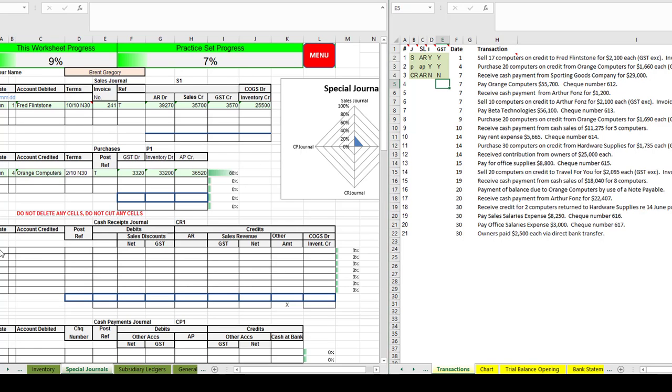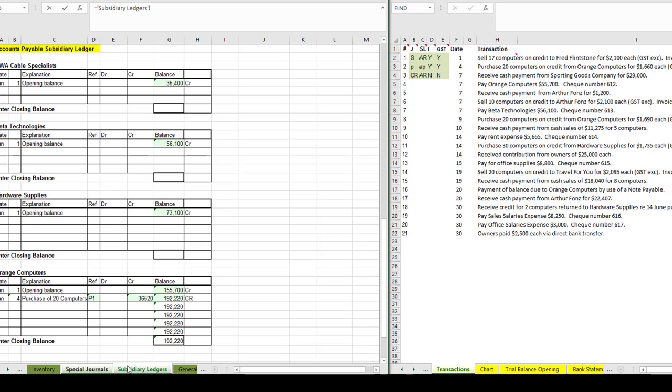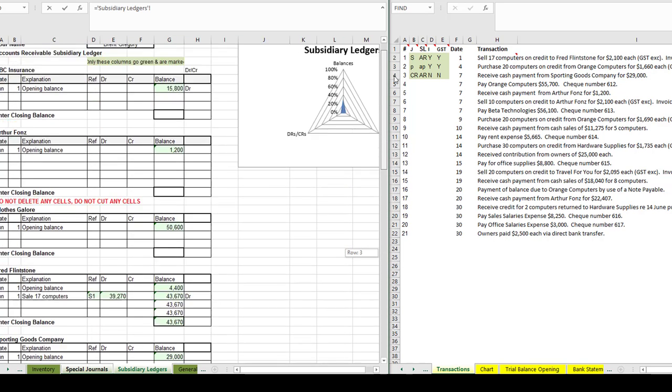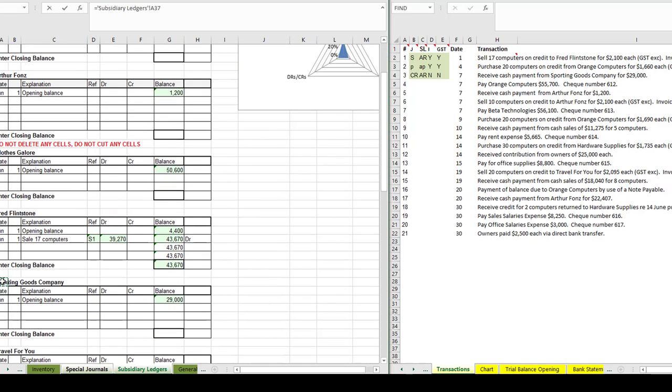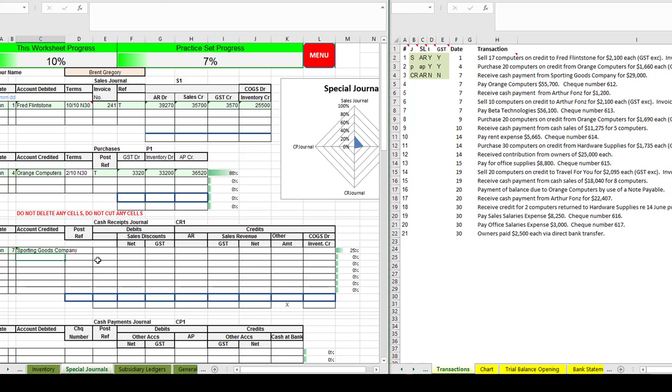So we go to the cash receipts journal. June 7. Account credited is Sporting Goods Company, subsidiary ledger. Sporting Goods Company. So when we're doing the posting reference, we're going to cover that up.